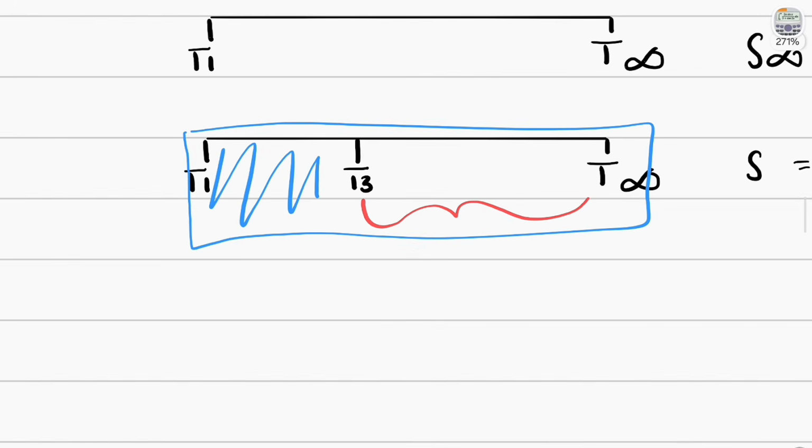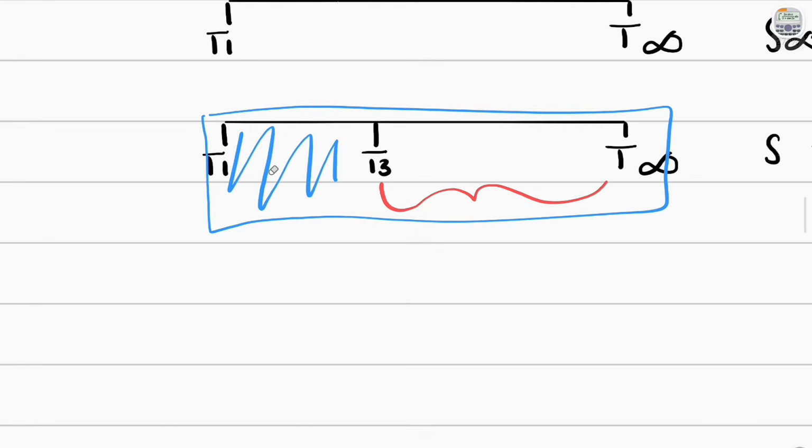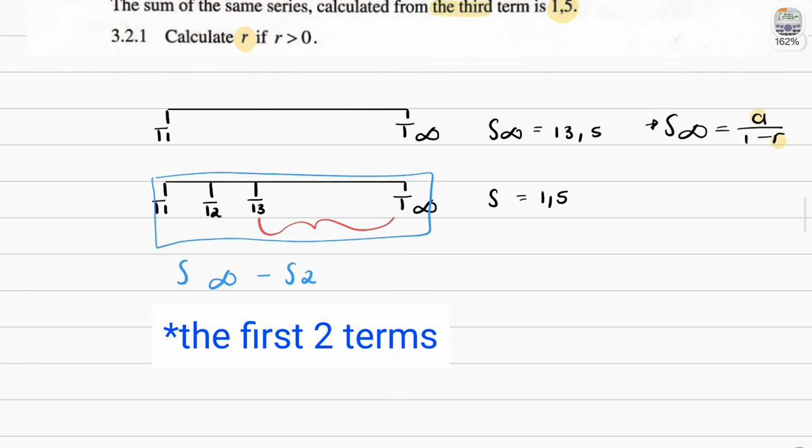So that's another way we can express it, but we need to find out how to express this part, because we're going to say the sum to infinity minus the sum of the terms that we have before the third term. So that is term 1, and then we have term 2, and that's it. So it's just the sum to infinity minus the sum of 2 terms.